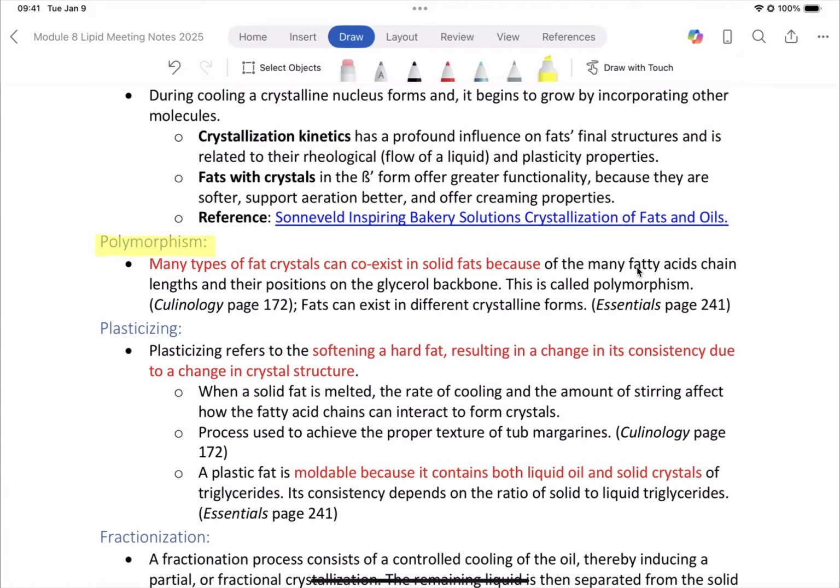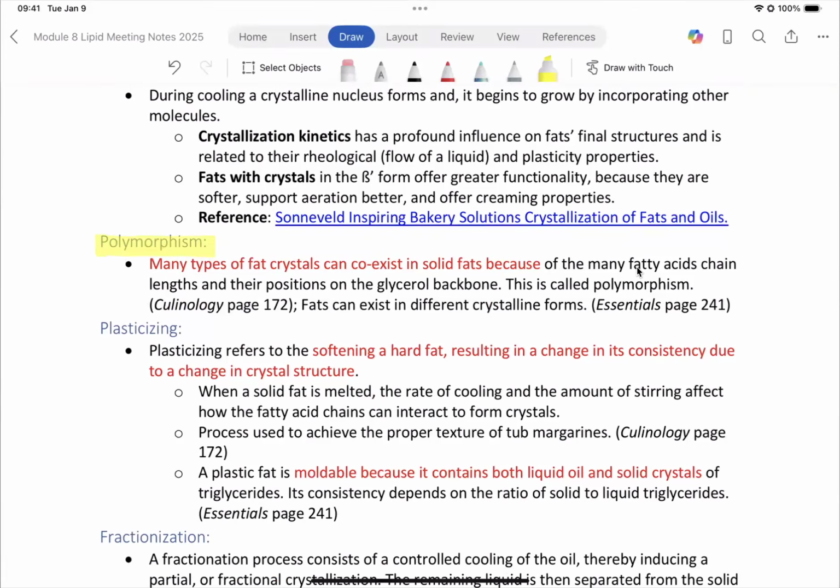Many types of fat crystals can coexist in solid fats. If you melt them, they'll come back a little bit different, in a different shape. Polymorphism is the ability to form different kinds of crystals.